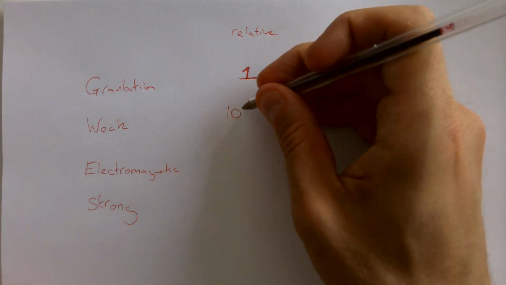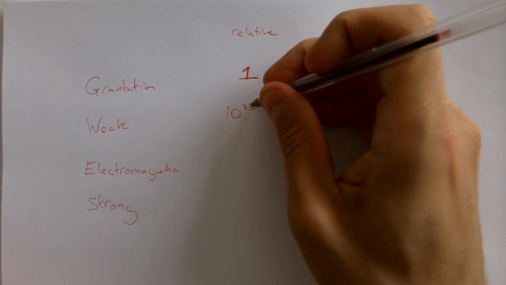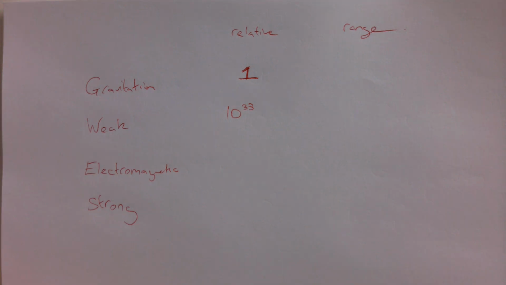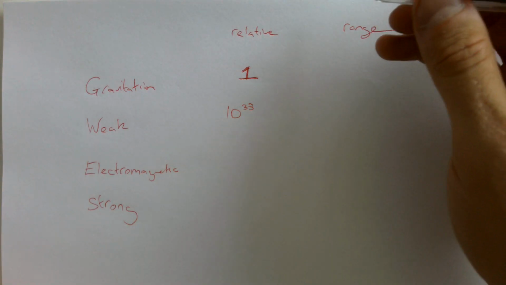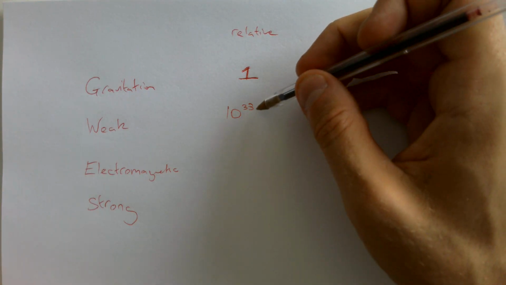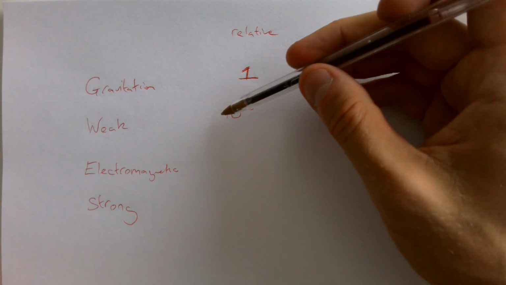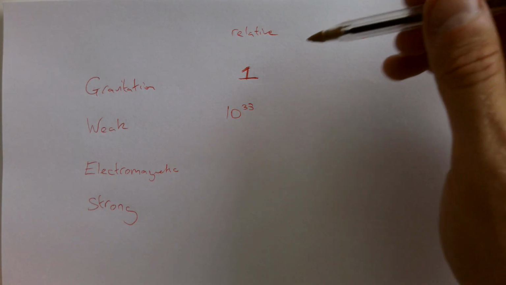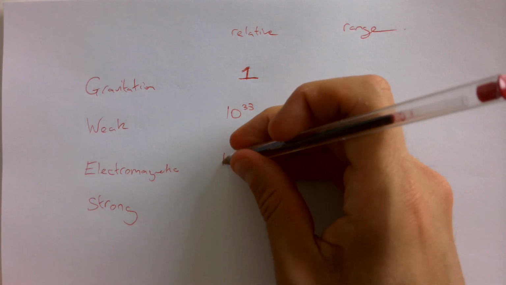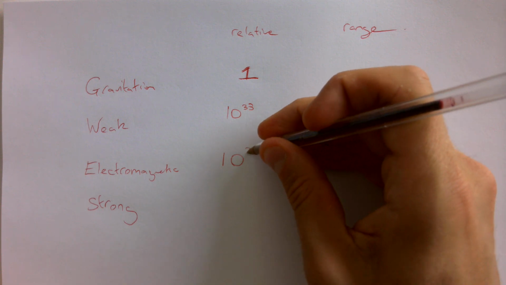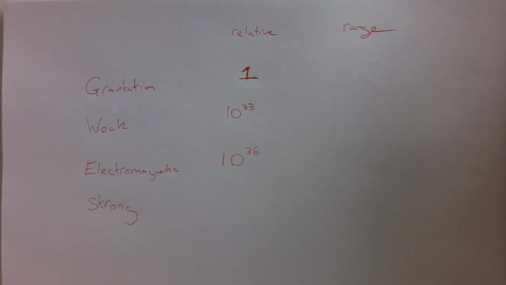The weak nuclear force, the weak interaction, which is responsible for weak nuclear decay, protons turning into neutrons, neutrons decaying into protons, a process I will talk about more in other videos, is a lot stronger than the gravitational interaction, 10 to the 33. The electromagnetic interaction is stronger again, 10 to the 36.